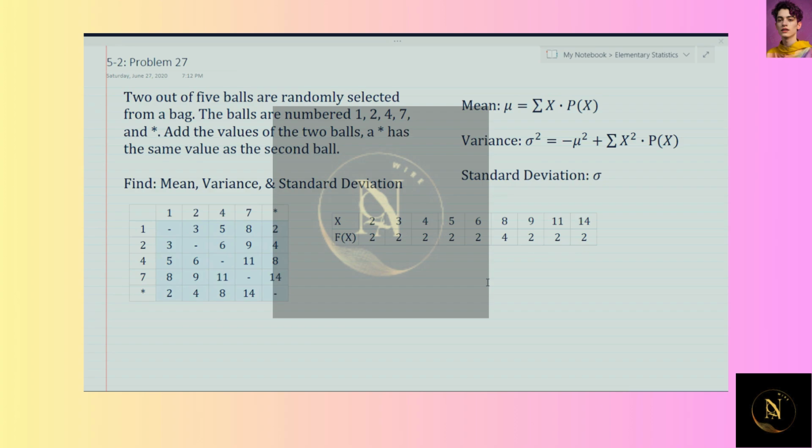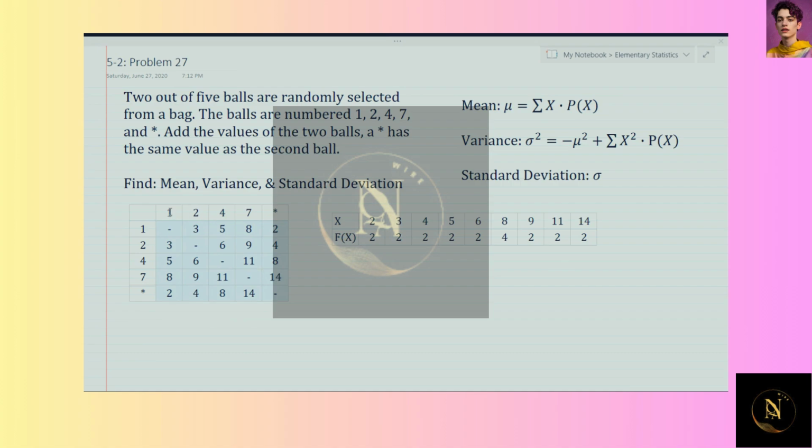And I've gone ahead and made a table of all the possible ball outcomes here. You'll notice that some of these are blank, and that's because when we pick these balls, we're doing it without replacement. So it's impossible for us to have 2 balls of the same value. For instance, we can pick out a 2 and a 4, which will give us a sum of 6, or a star and a 7, which will be 14.